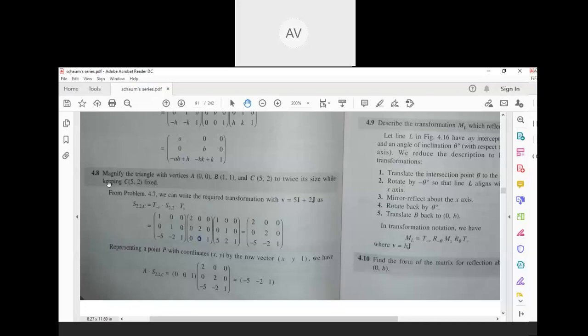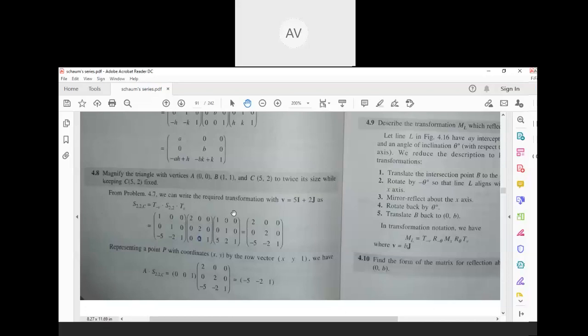We have to keep this point (5,2) fixed. So from this sentence it is clear that Sx equals Sy equals 2. As we know, the scaling matrix is Sx 0 0, 0 Sy 0, 0 0 1. So here Sx will be 2, Sy will be 2.